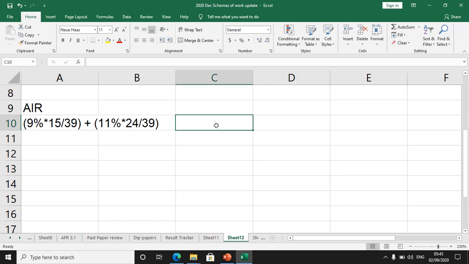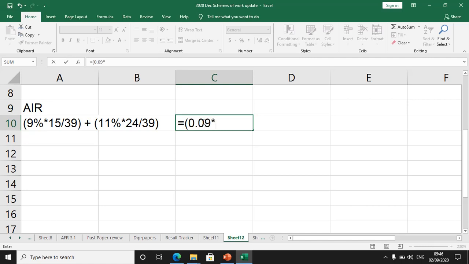So when I do the summation, 9% is as good as 0.09.